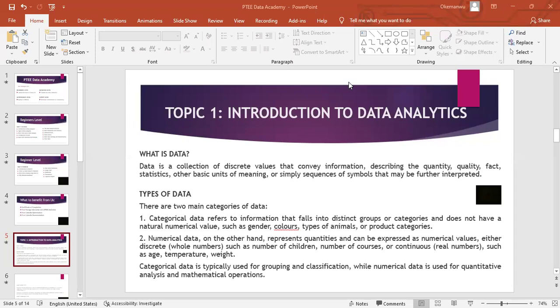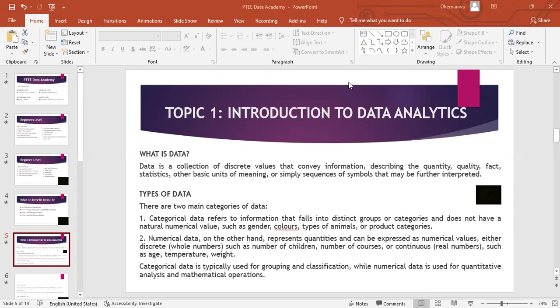Statistics, that is the organization, interpretation, and presentation of data. In definitional terms, statistics simply means the collection of data, interpretation of data, and what have you.